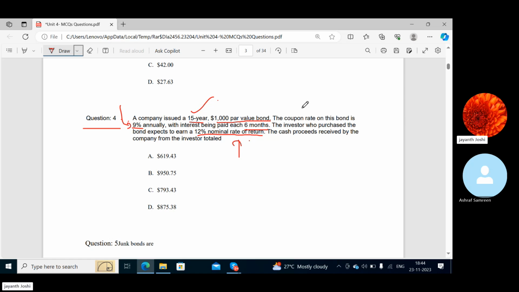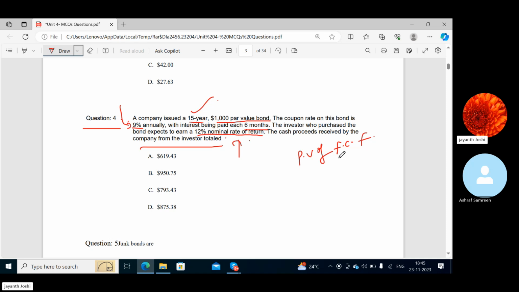The cash proceeds received by the company from the investor totaled. So how much will the company receive from the investor, they are asking. So they are asking the present value of future cash flows. They're asking the bond price. So first we'll calculate the interest amount and also the maturity amount, present value of that.